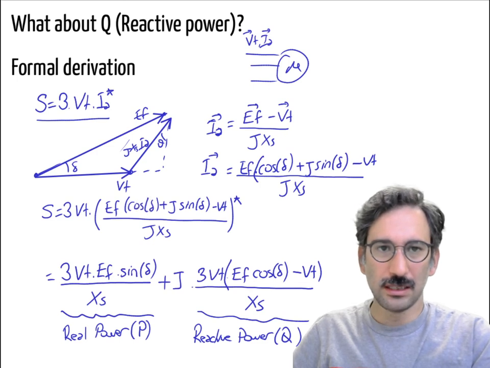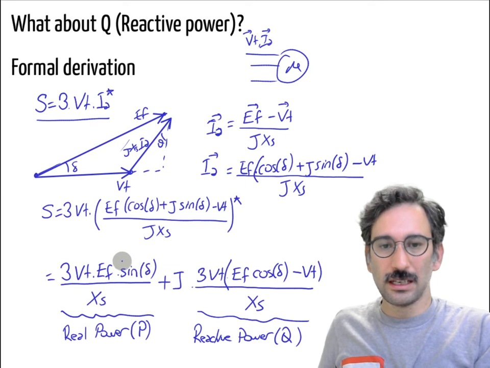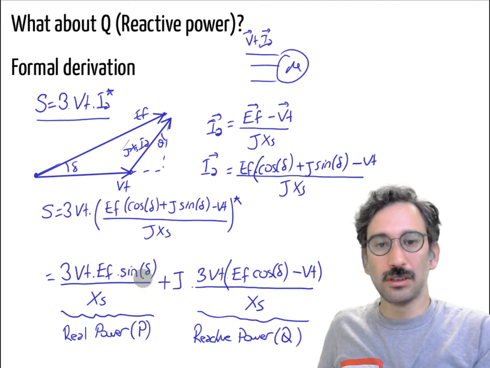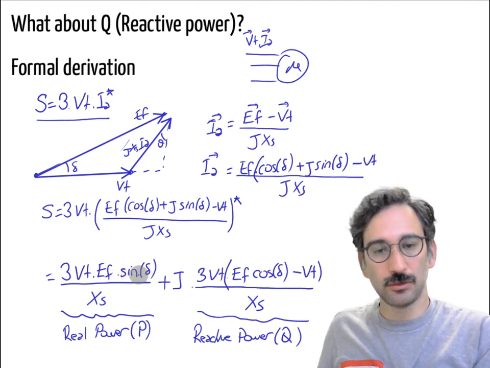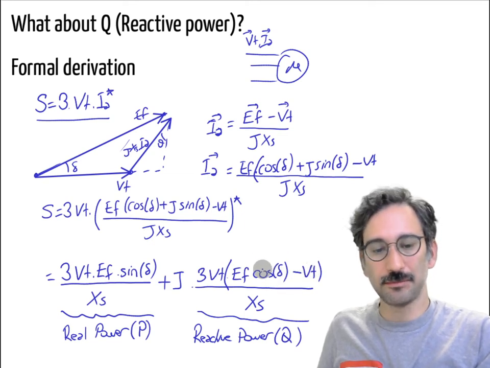So let's continue. Again, from what we see here, the direction of the real power is determined by the polarity of load angle, because sine delta has the same polarity as delta. However, here it is determined by the polarity of EF cos delta minus VT, right?